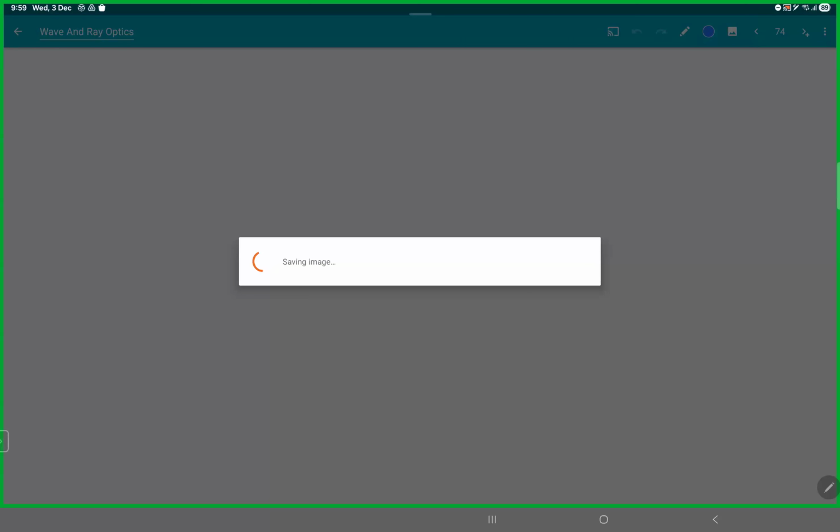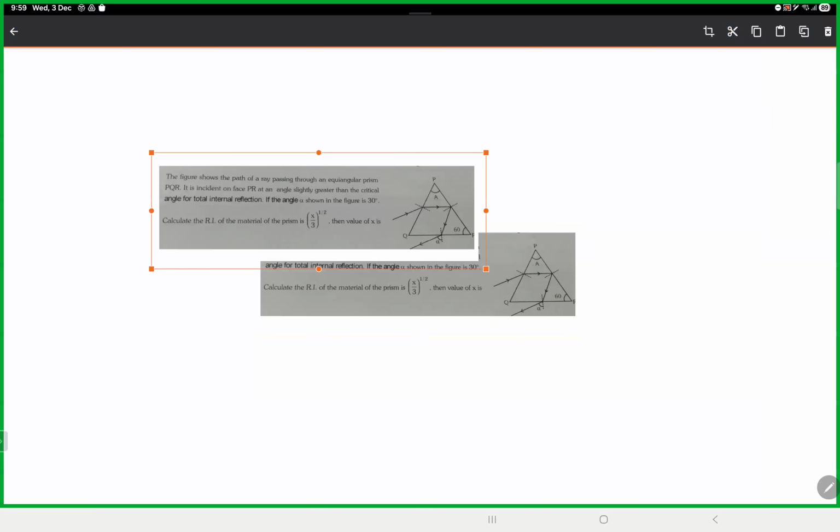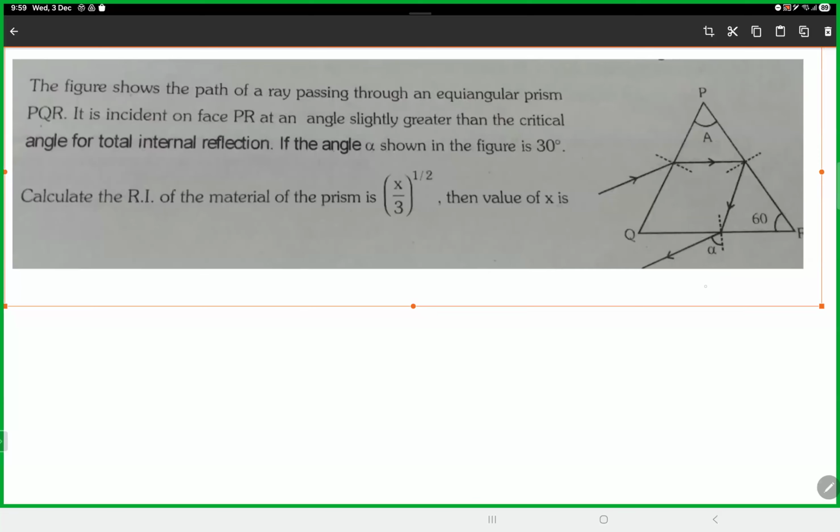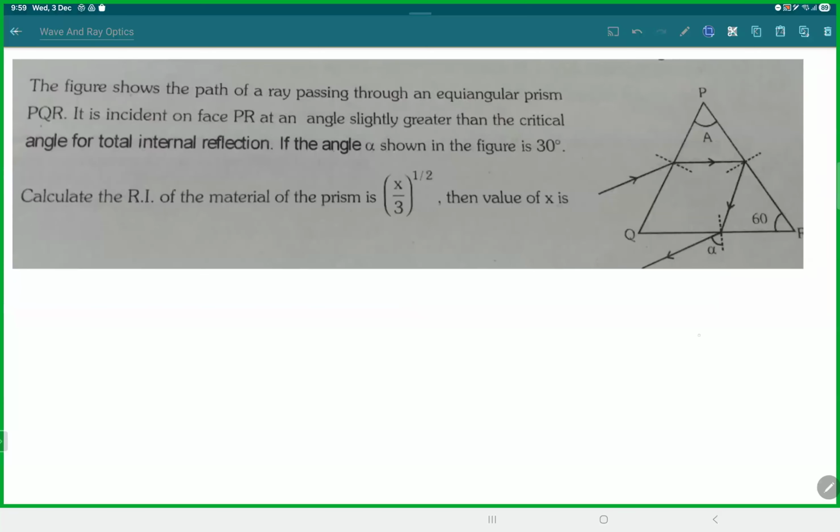Let's see if you remember this. We are not doing optical instruments today. That we kept separately for the mains portion.